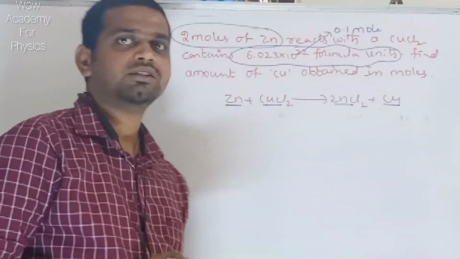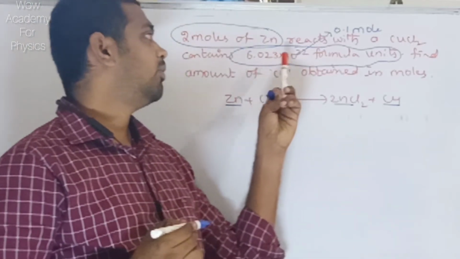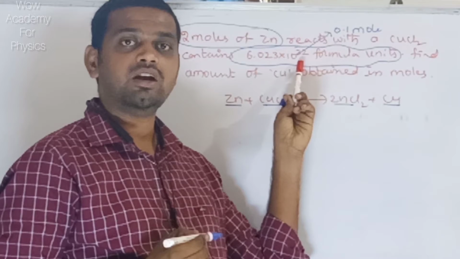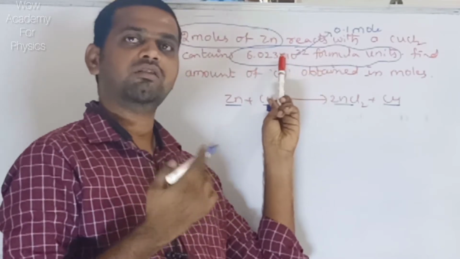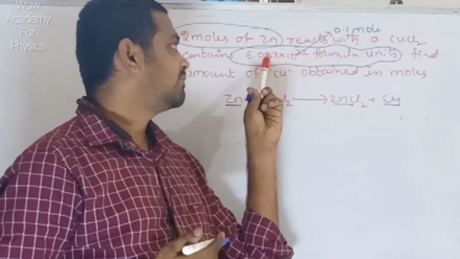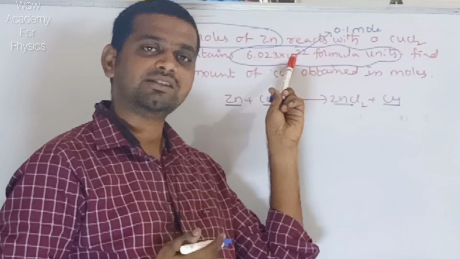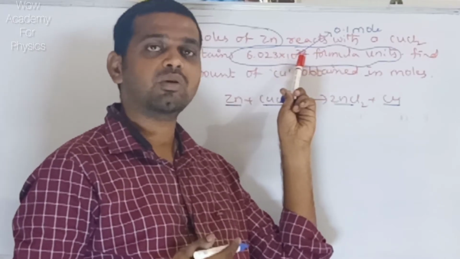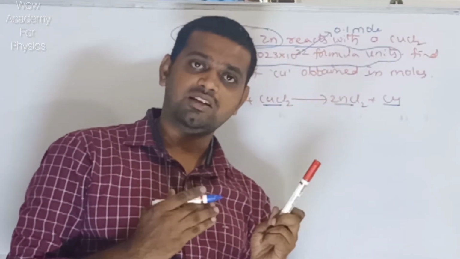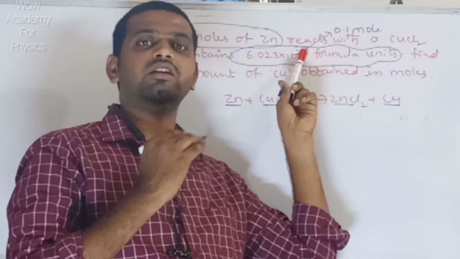Because if we had taken 6.023 into 10 to the power of 23, not 22, that would be equivalent to 1 mole. But in the question, the person took 6.023 into 10 to the power of 22 formula units, which is equivalent to 0.1 mole. If the person had taken 6.023 into 10 to the power of 24, that would be equivalent to 10 moles.